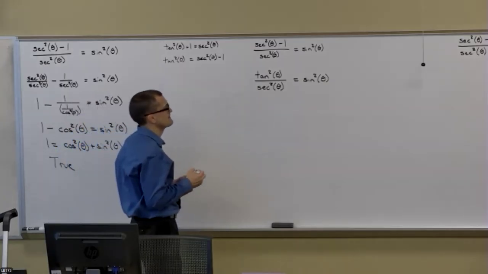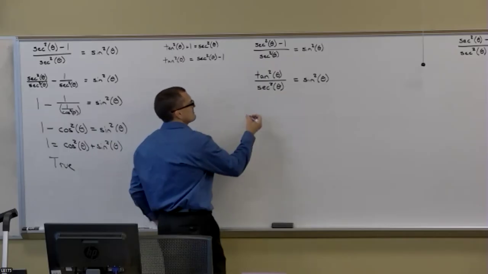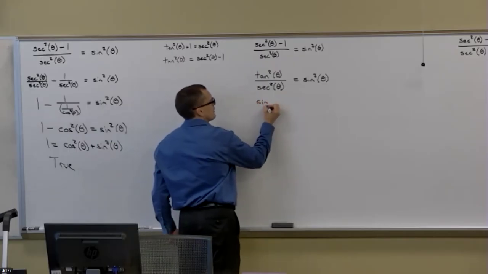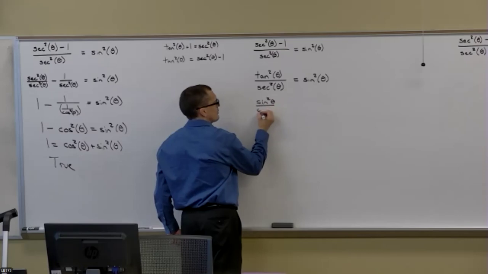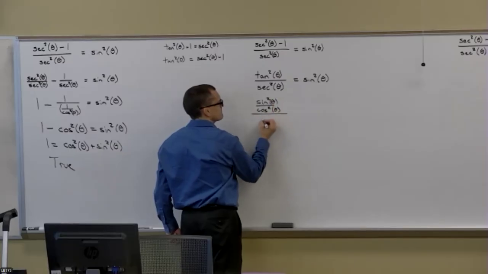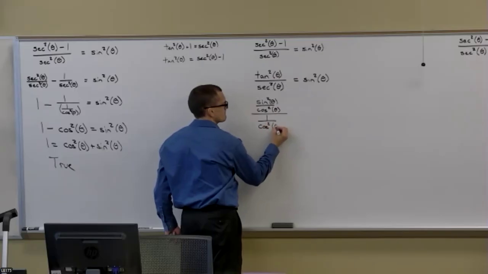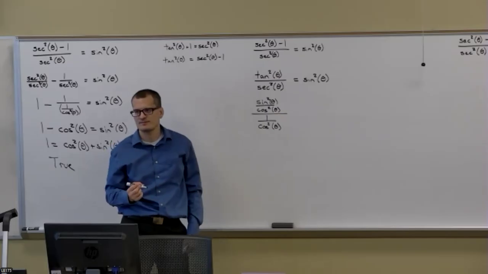Okay. What's tangent? Tangent is sine over cosine. So tangent squared is sine squared over cosine squared of theta, obviously. Secant squared is 1 over cosine squared.